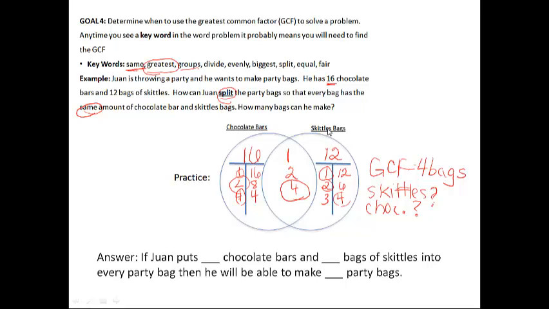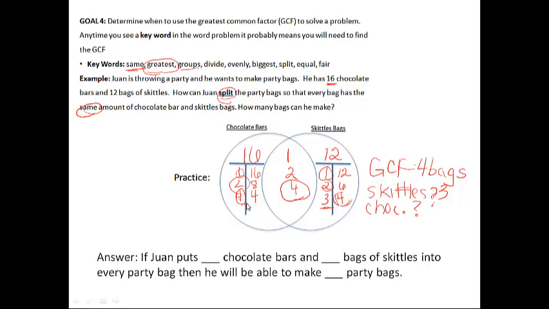Skittles. Let's look at the Skittles side. Here's the groups. Here's what we said, 4 bags. And the factor that goes with it is the one that tells you how many bags are there. So there were 4 groups and each bag had 3 bags of Skittles. Okay, because the 3 and the 4 are together to make 12.